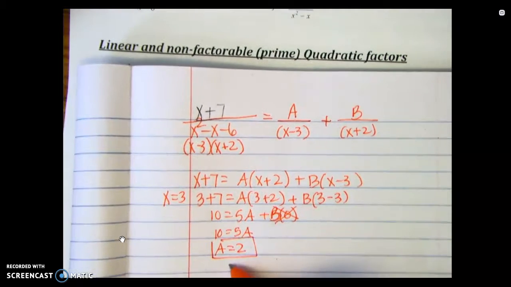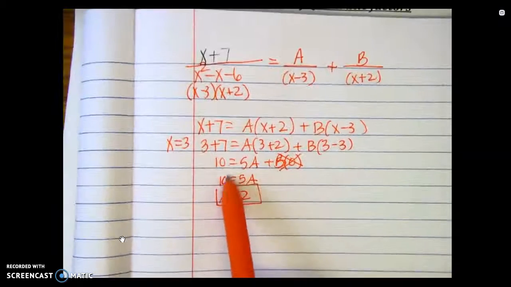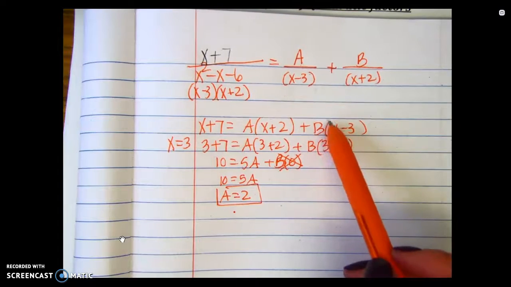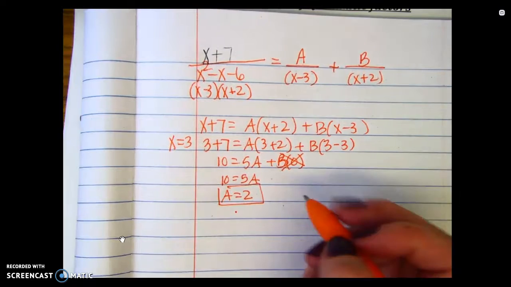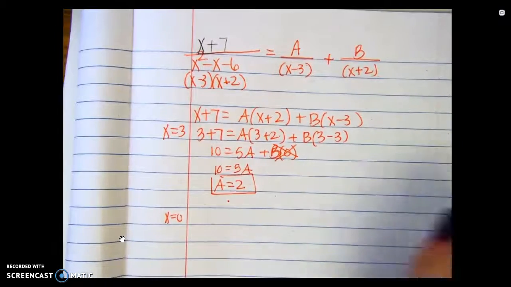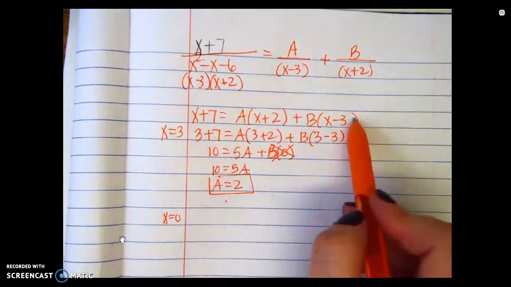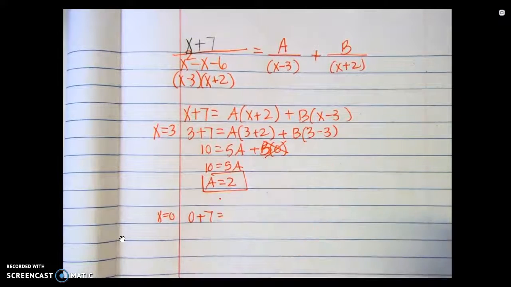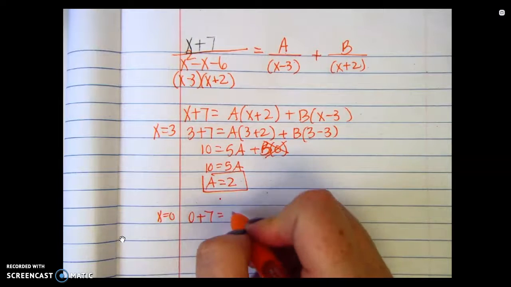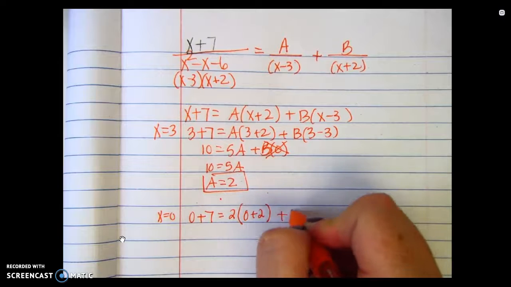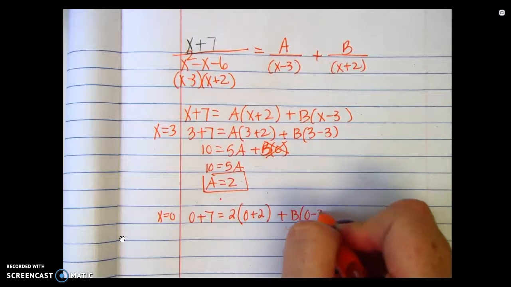Okay? Now, once I've figured out one of my values, if you only have one more remaining, you could pick any value for x that you want to in this world. I think the easiest one to do is x is 0, so I'm going to substitute 0 back into my equation. So 0 plus 7. It is very helpful to write this out, especially when the problems get a little more complex. A is 2 times 0 plus 2 plus b times 0 minus 3.